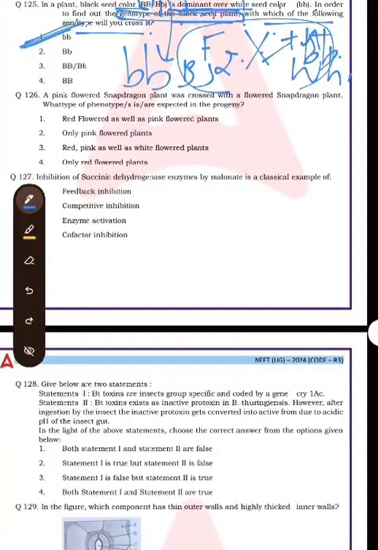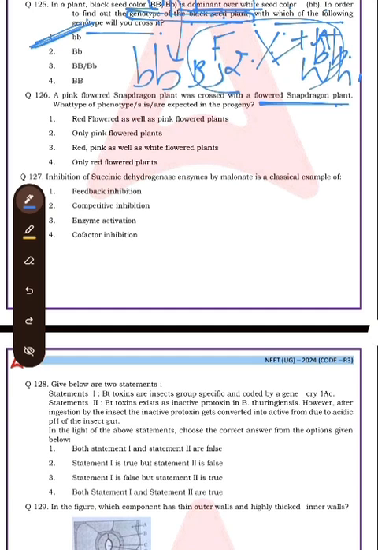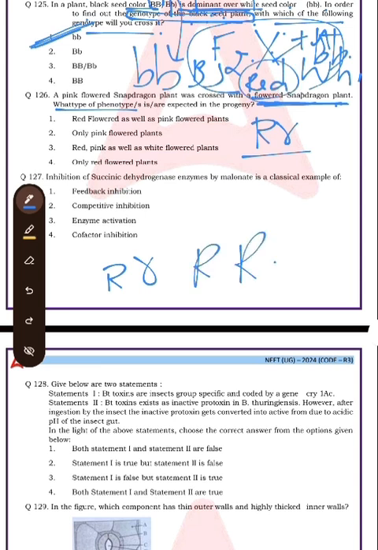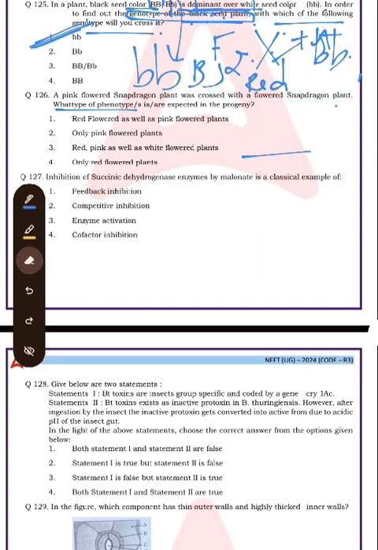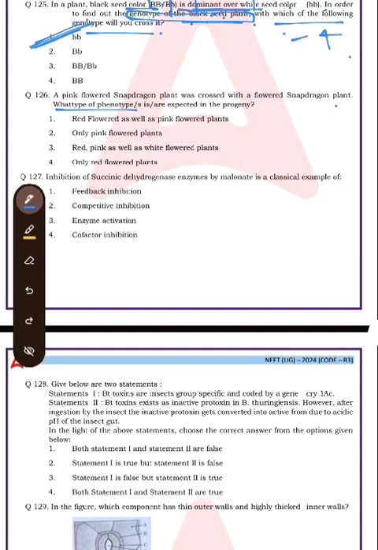Next, a pink flower snapdragon plant was crossed with a red flowered snapdragon plant. What type of phenotype is expected in the progeny? So pink color snapdragon plant genotype is Rr. And red flowered, here it is given. So if they both are crossed, let's see the cross.